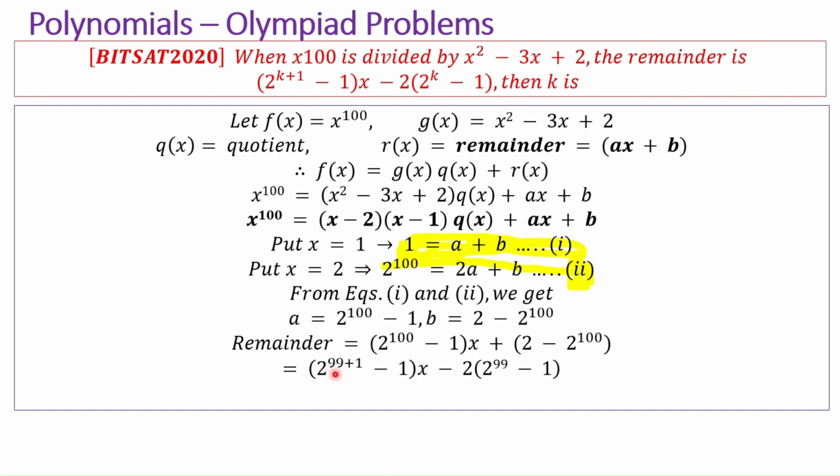I will write 2 power 100 as 2 power 99 plus 1, and take the 2 out, then it becomes 2 power 99 minus 1. If you compare the remainder here and this one, it is very obvious k is 99, correct? So this is how we should solve these problems.